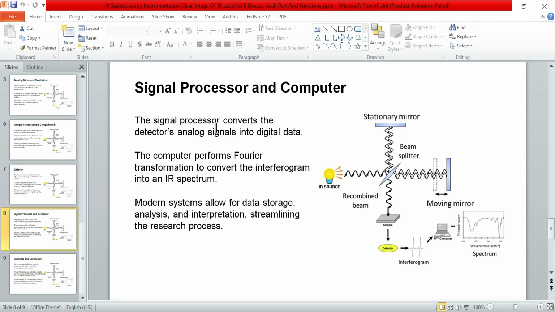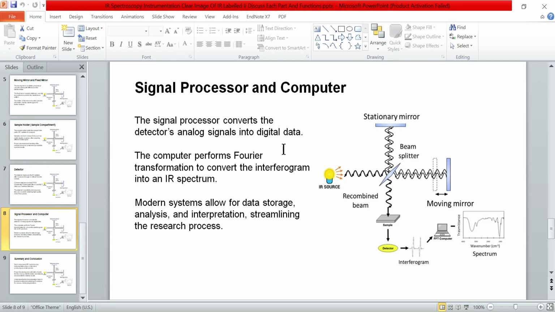Here they mention that the signal processor converts the detector's analog signal into digital data. We have a signal processor that can convert the signals into digital data. To get the digital data, the computer is very important. Without a computer or without technology, we cannot get an accurate result.